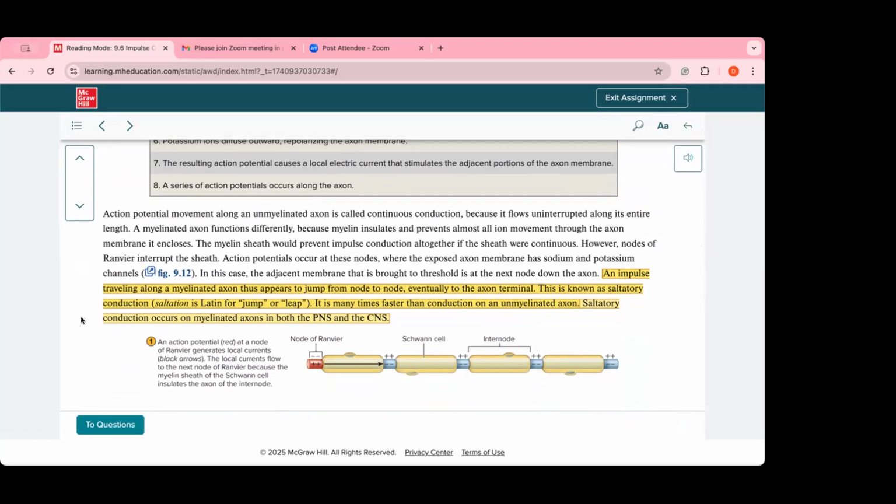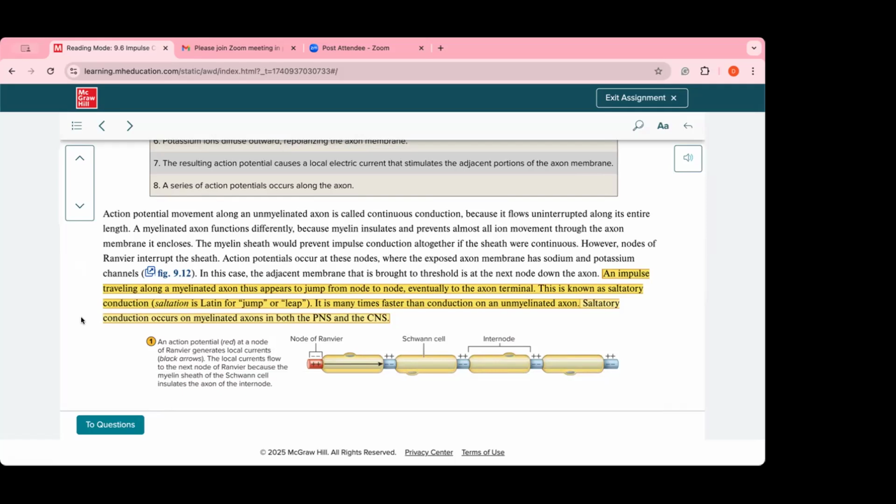A myelinated axon functions differently because myelin insulates and prevents almost all ion movement through the axon membrane it encloses. The myelin sheath would prevent impulse conduction altogether if the sheath were continuous. However, nodes of Ranvier interrupt the sheath.